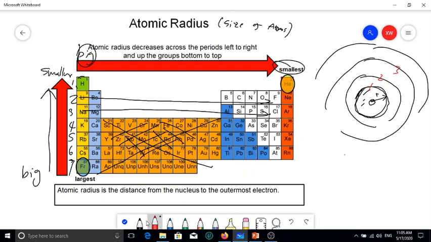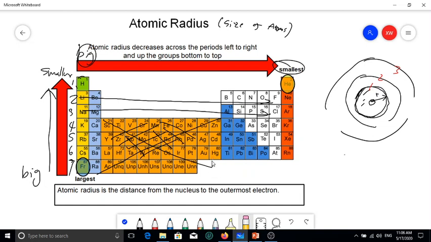So size-wise, it doesn't really make it bigger when you have more electrons. Even though sodium has 11 electrons and aluminum has 13 electrons, since these additional electrons are not getting you any more layers, the number of electrons doesn't really affect the size of the atom or the radius of the atom that much.